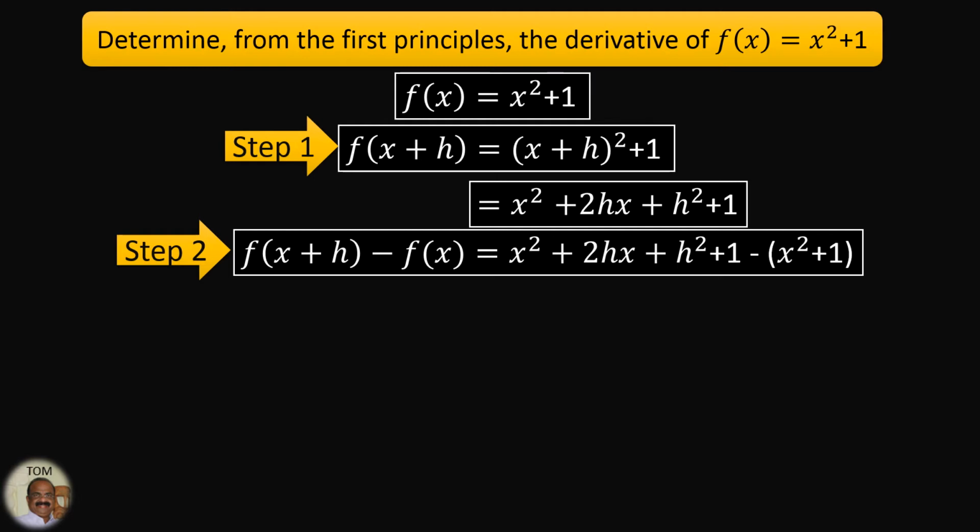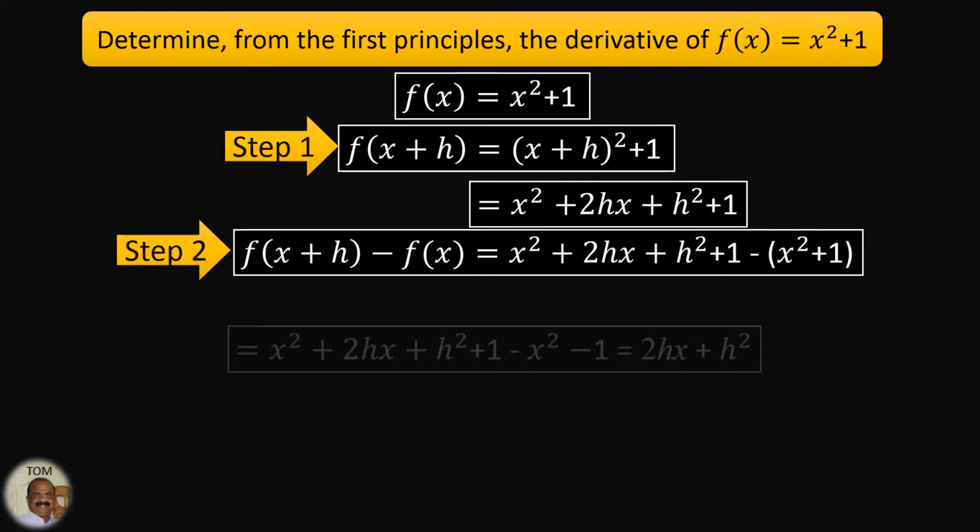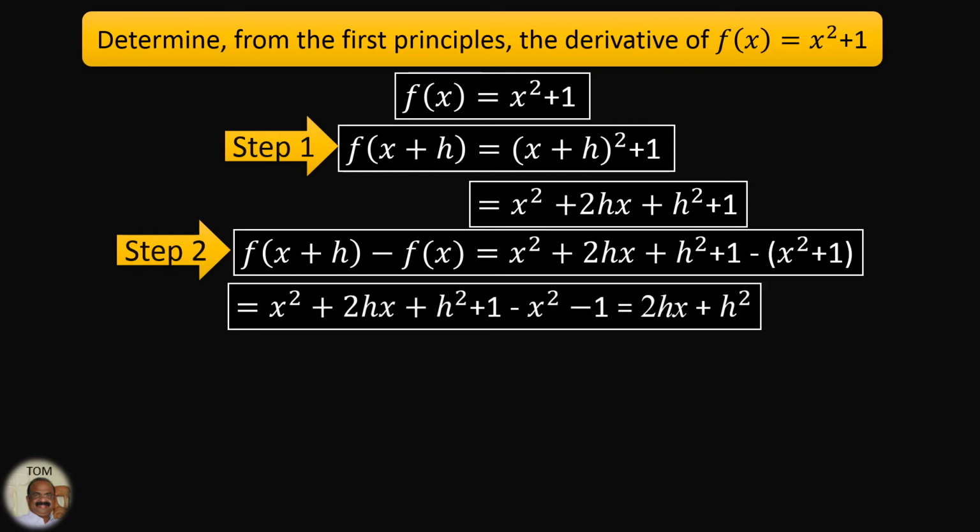We have to use a bracket here very carefully, because if you miss that bracket, the term inside the bracket may go wrong. So we have the answer here, x square plus 2hx plus h square plus 1 minus x square minus 1. Look at that. Be careful at that step.